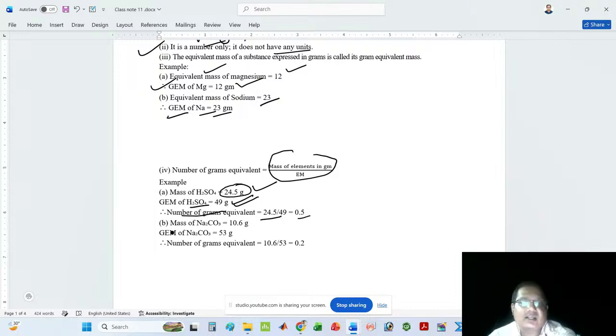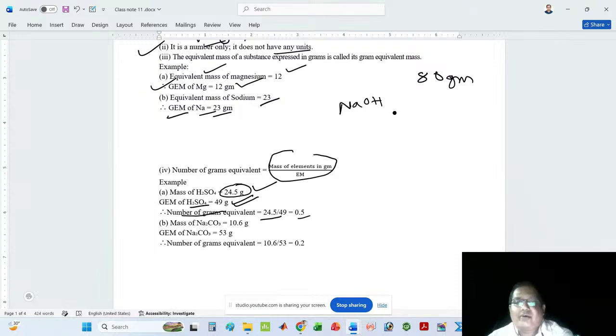Similarly, think about another example. Suppose we take sodium hydroxide. Suppose I have given you 80 gram of sodium hydroxide. I want to know how many gram equivalents I have given you.